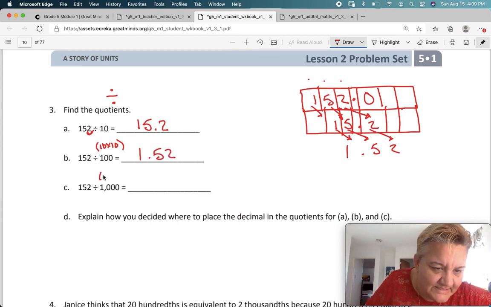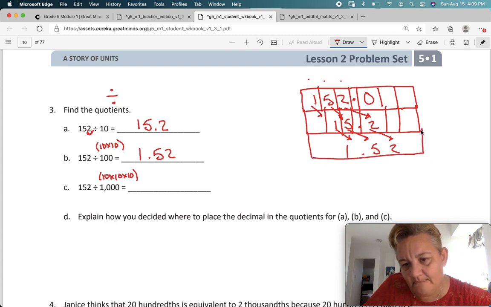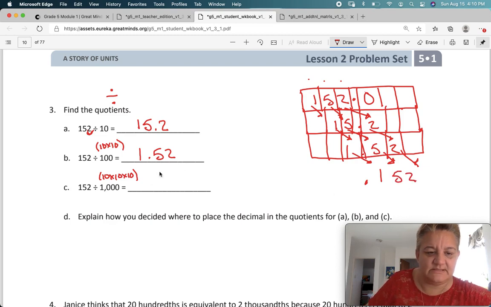And here, it's 10 times 10 times 10 equals 1,000. So I'm just going to move it over one more time. Okay, so this goes here, that goes there, and this goes here. And my new answer is 152 thousandths.